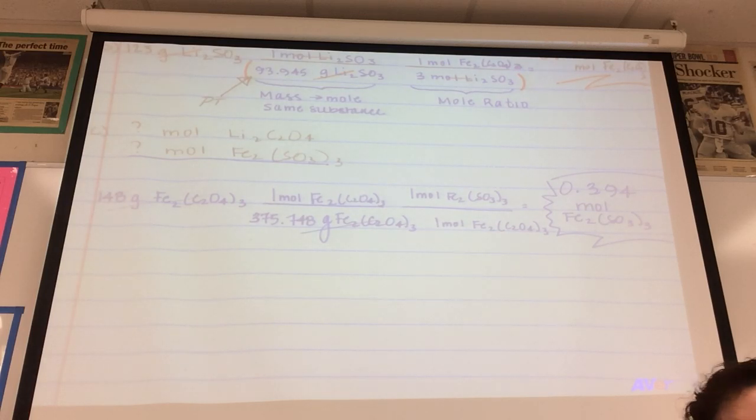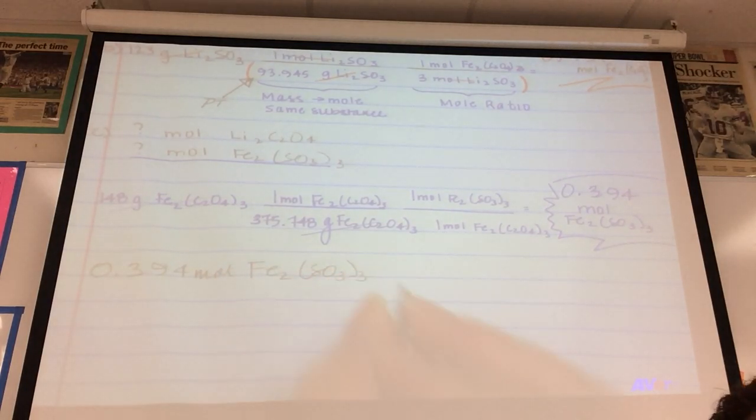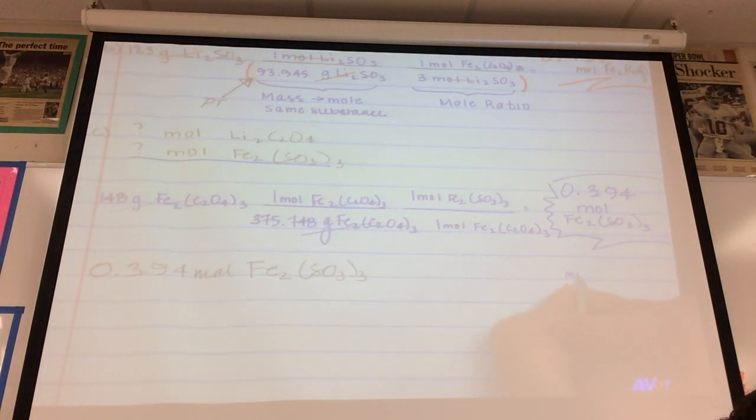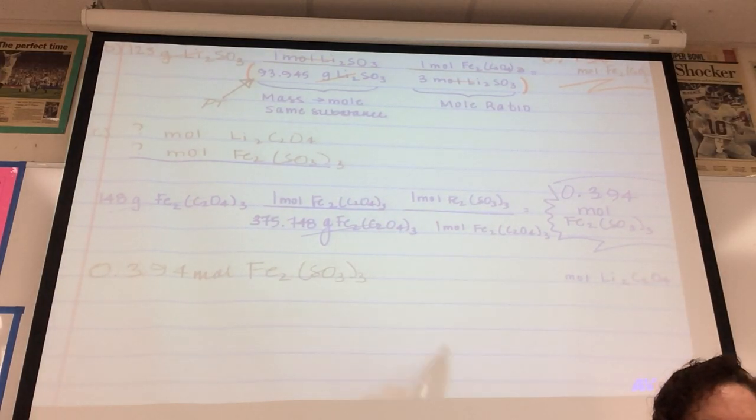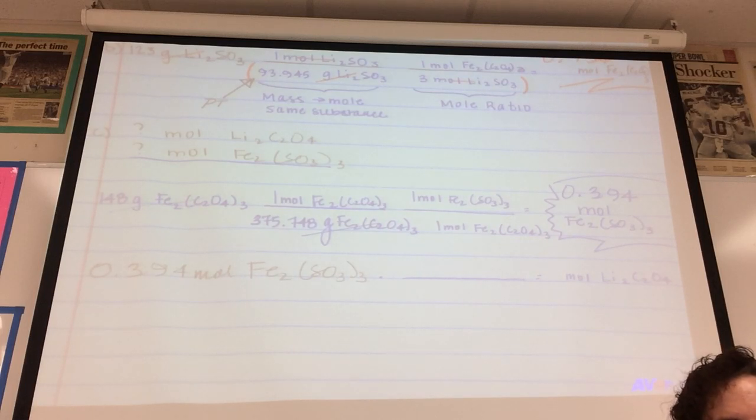How do we get to moles of the other product? We have 0.394 moles of this product. How can we get to moles of the other product? How do you go from moles of one substance to moles of another? Mole ratio.